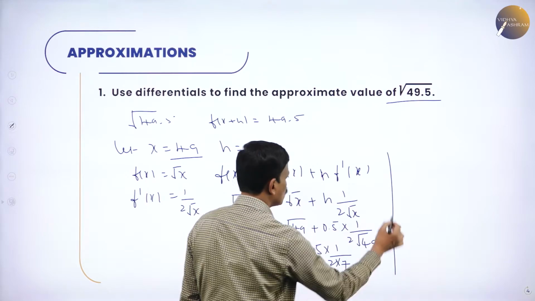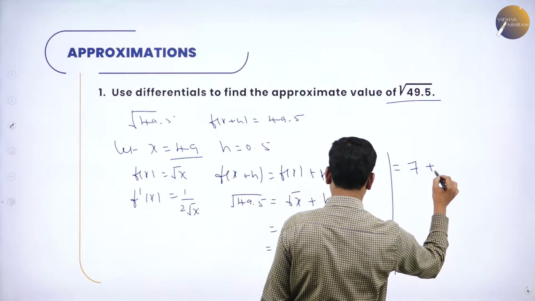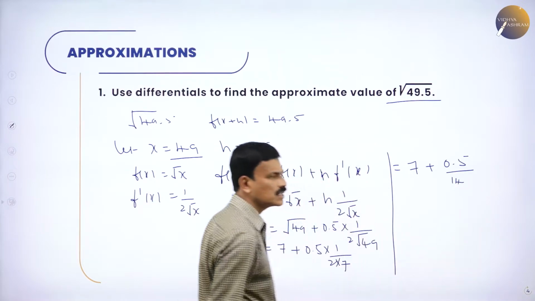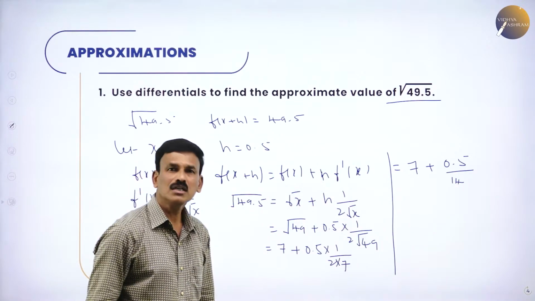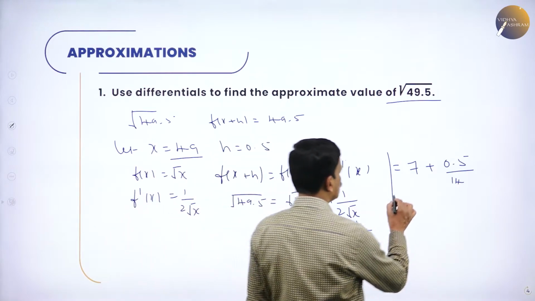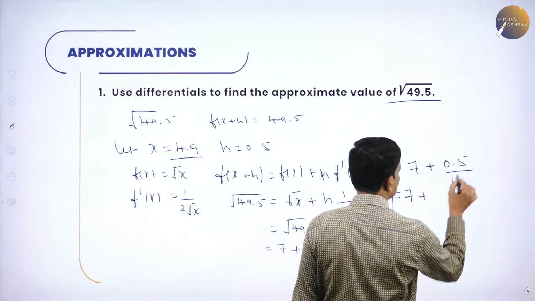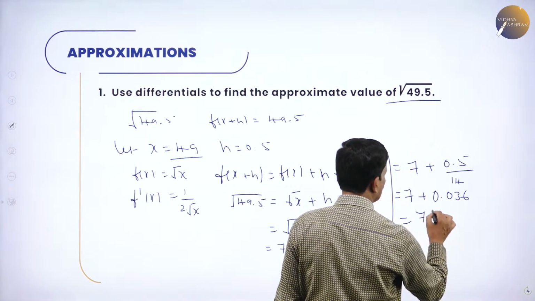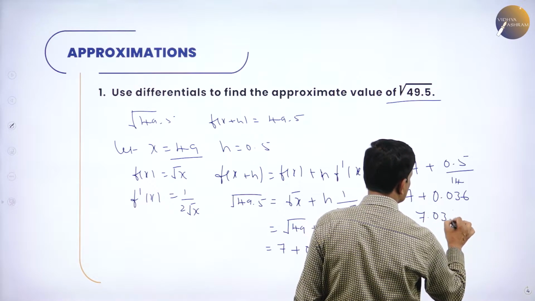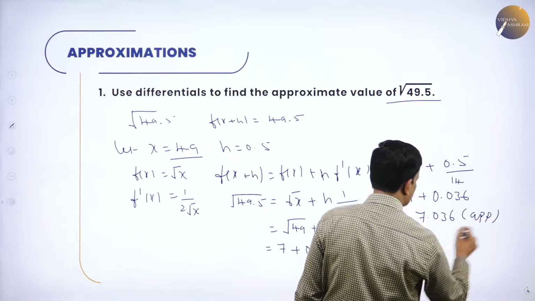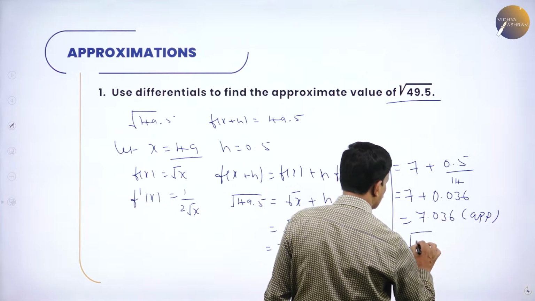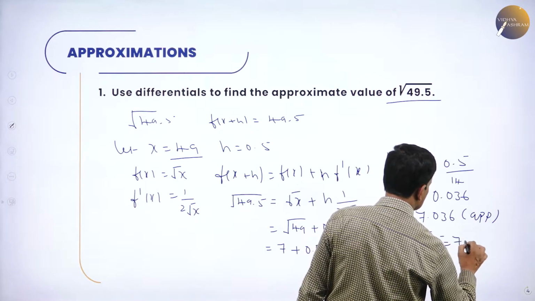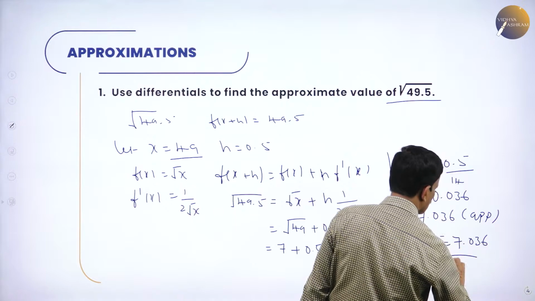So, this is equal to 7 plus 0.5 divided by 14, 2 7s are 14. That's it. Simplify this, you will get the answer. Now, if you divide this, what you will get? 7 plus 0.5 divided by 14 is 0.036. 7 plus this is 7.036 approximately. So, therefore, square root of 49.5 correct to 3 decimal places is 7.036 approximately.